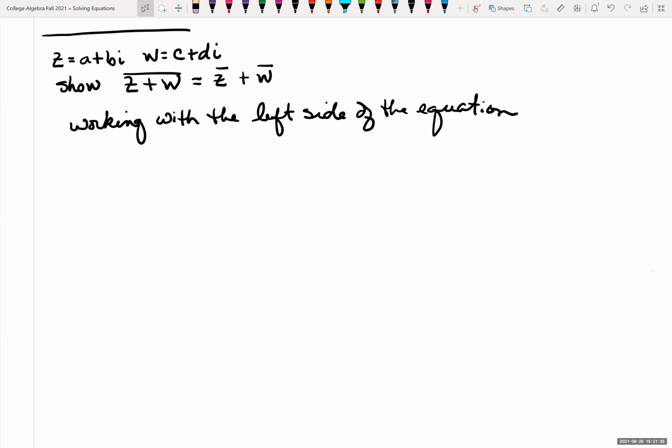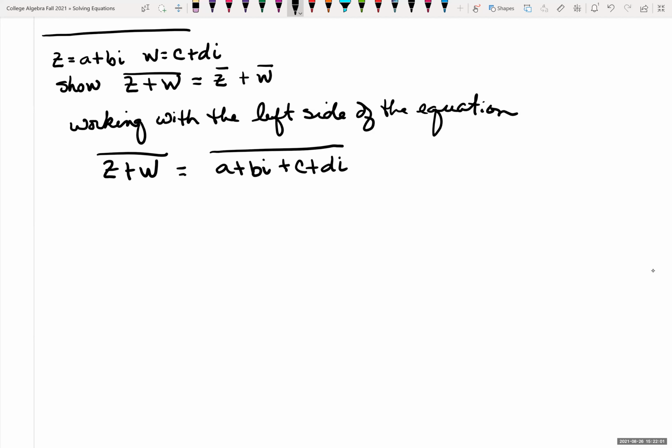So let's rewrite this so that we have z plus w and that conjugate. Let's define it again. So that was saying take the complex number, the first one, a plus bi, plus the second number, which was c plus di.